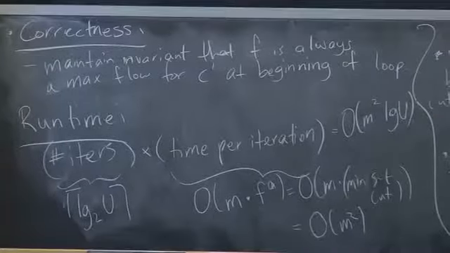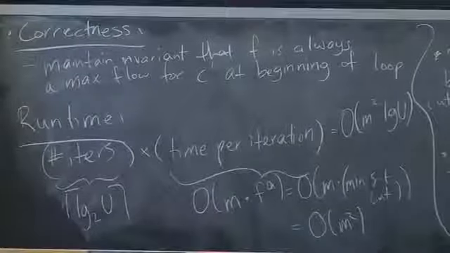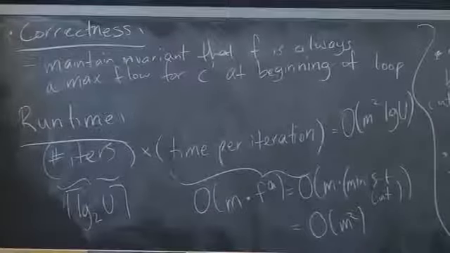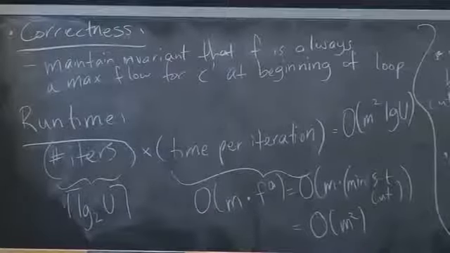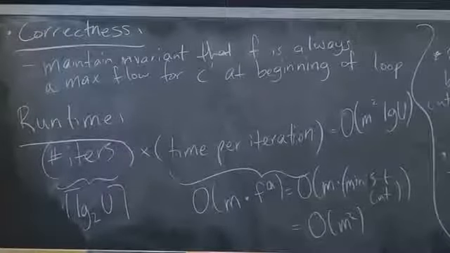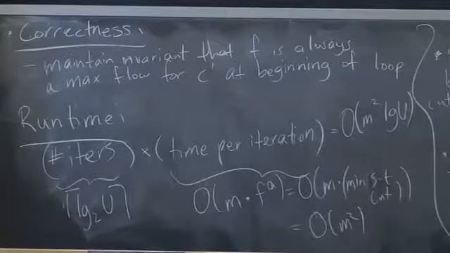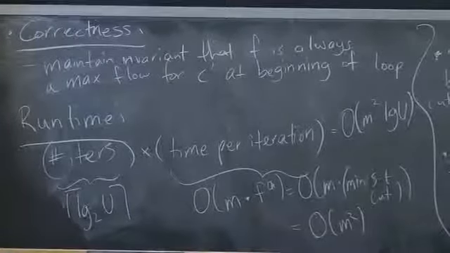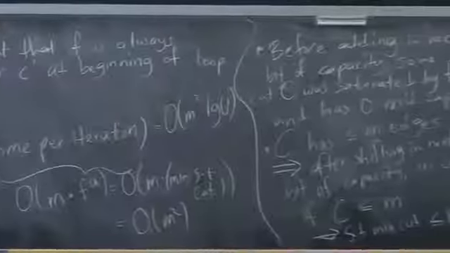Okay, so that's scaling. And we're going to see scaling again soon, but before that, I want to now move to blocking flows. It turns out you can combine them. You can use scaling on top of blocking flows. We're going to see that.